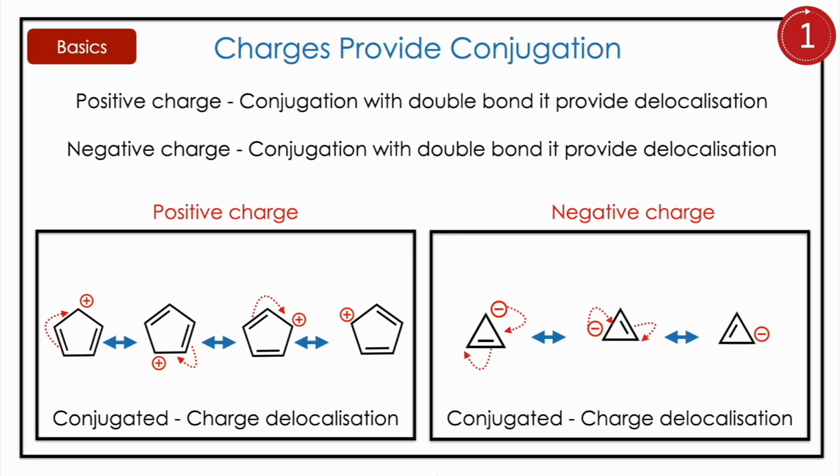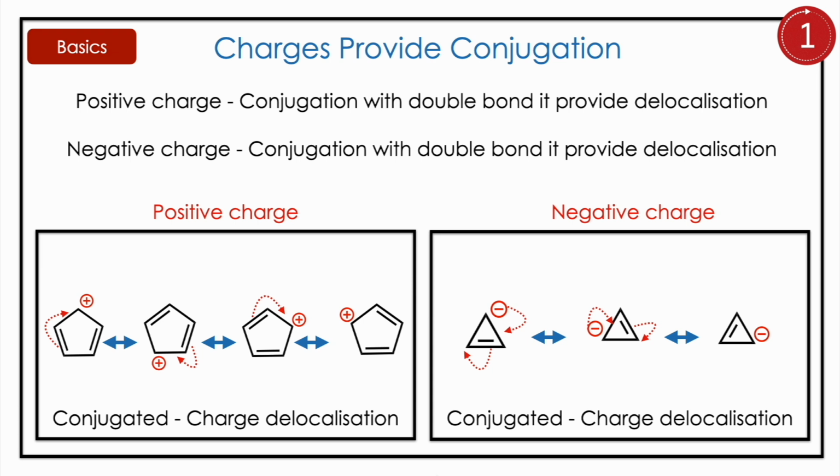Then we will see basics. Charges provide the conjugation. By looking at it on the plain side, you may think charged compounds are not conjugated. But if the charges are in conjugation with single and double bonds, it is also a conjugated compound. Charges help delocalization. The charge can be either positive or negative.